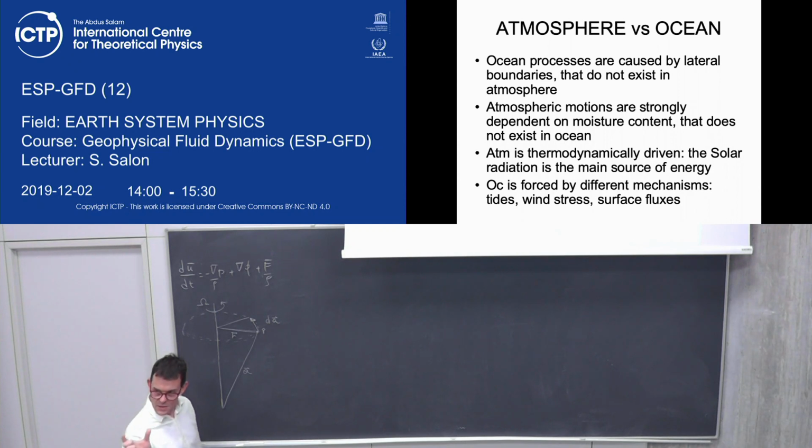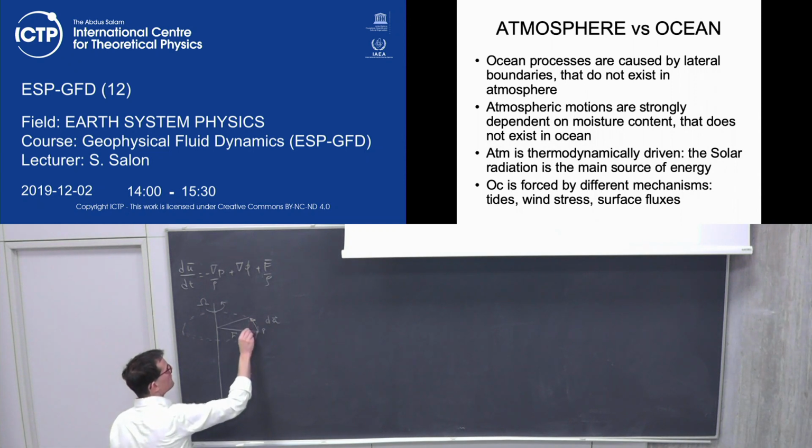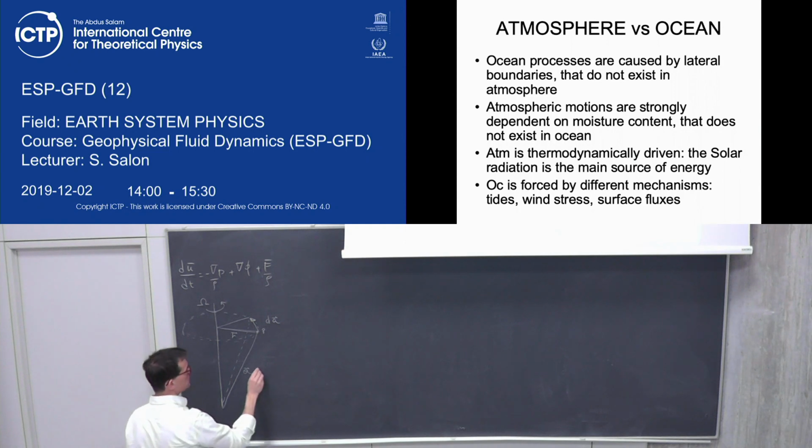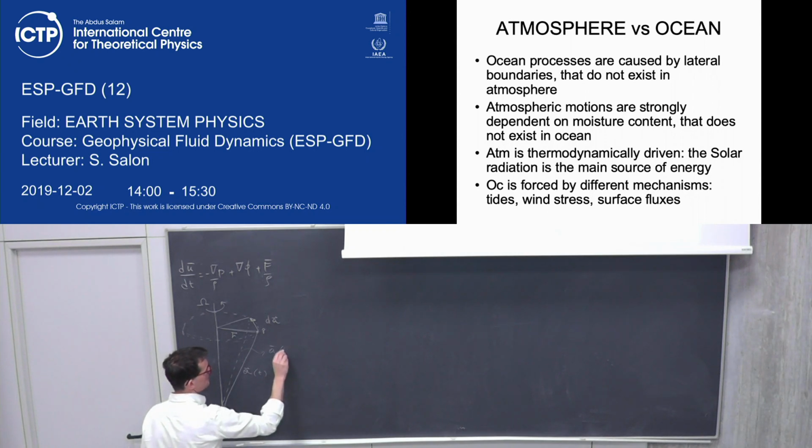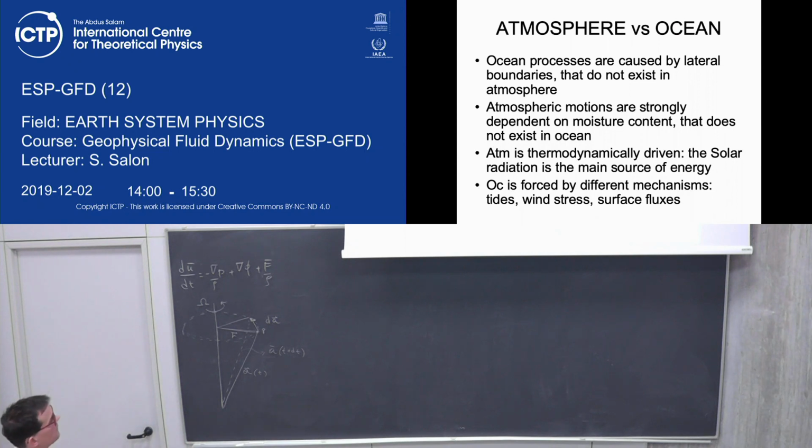So let's consider the infinitesimal displacement. So we will have this vector change from A at t to here, A at t plus dt. Okay, and let's call this angle alpha.